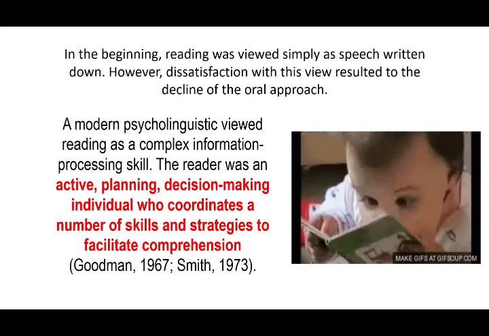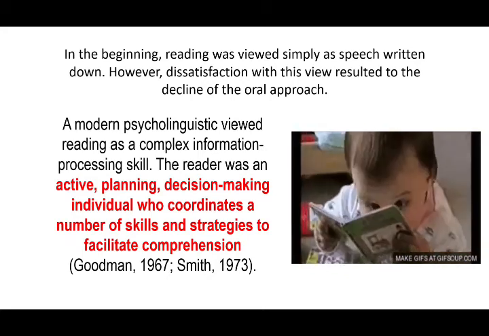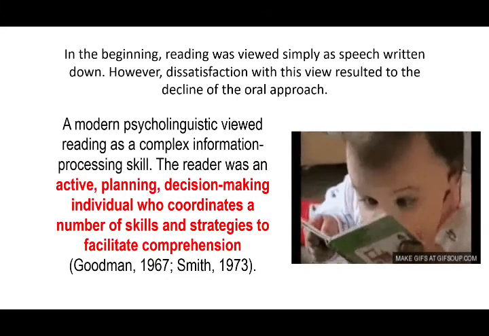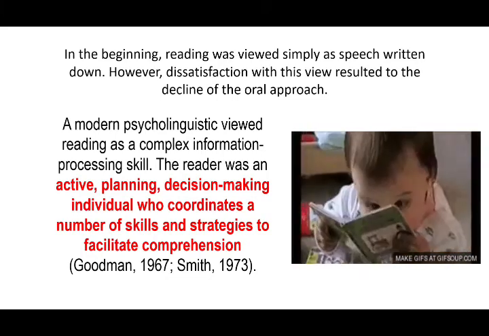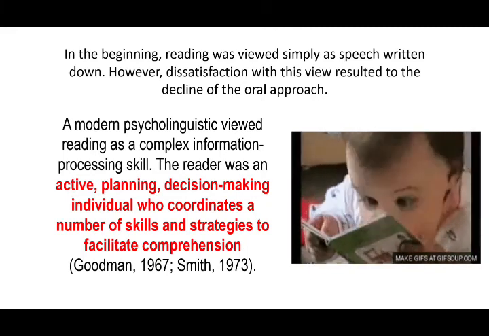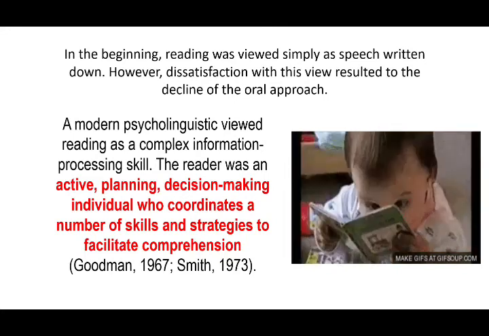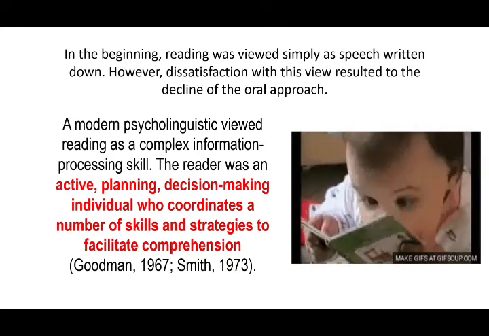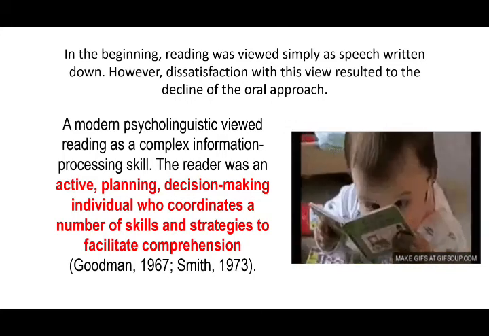The reader was an active, planning, decision-making individual who coordinates a number of skills and strategies to facilitate comprehension. So, this is an interactive approach, class, which emphasized that meaning is derived through interaction of text and reader.